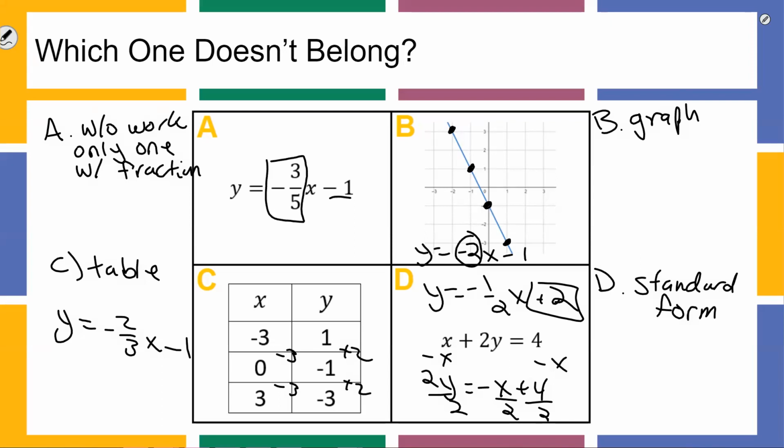And the slope or the y-intercept, but mainly the slope. All the other ones have two in it somewhere. This one does not have it at all. So you could have answered any of these for a number of different reasons, obvious or solving them and looking at the equation.